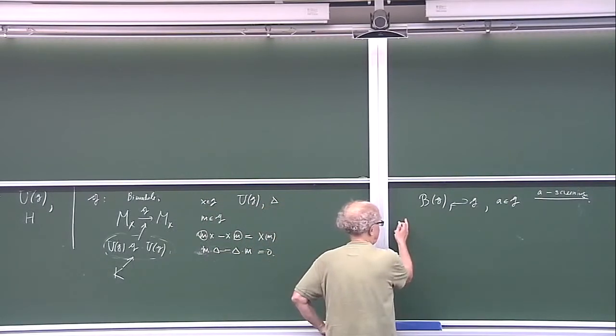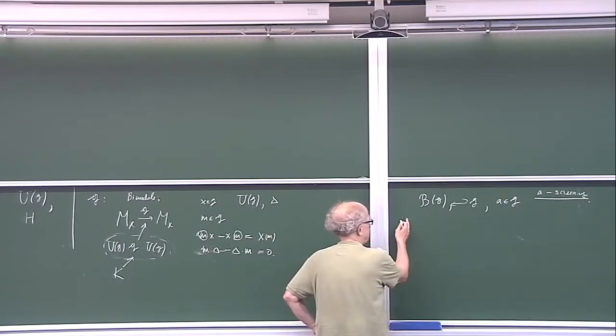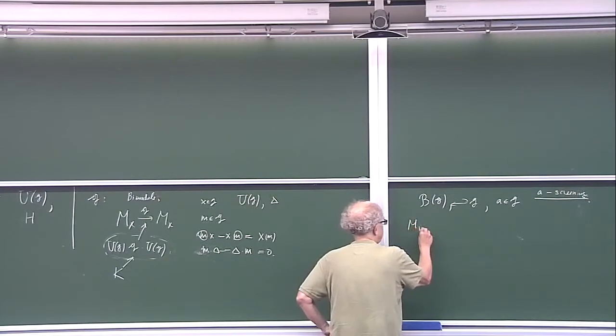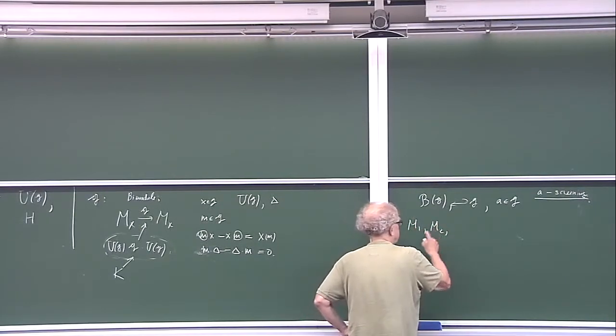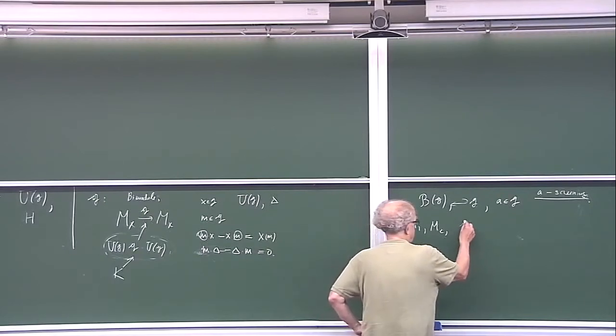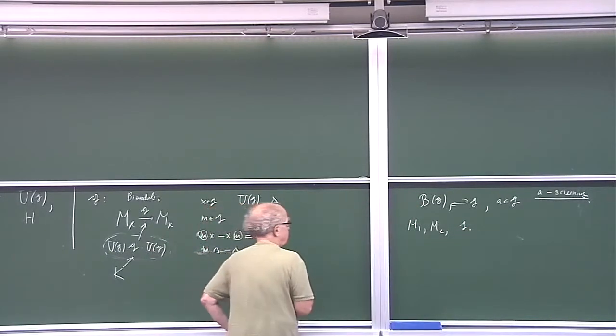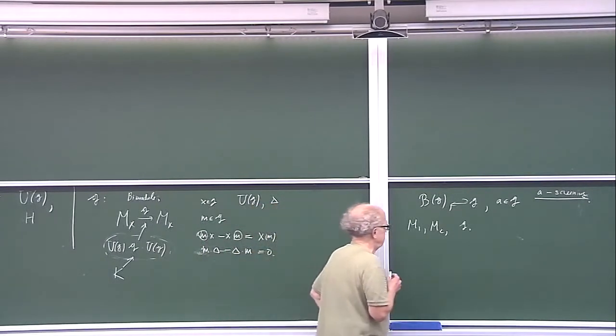If I take two objects, say M1 and M2, suppose they are G models, so they are objects of the category of representations of my algebra.